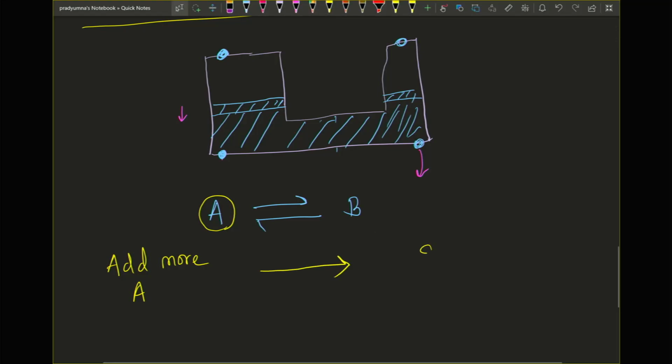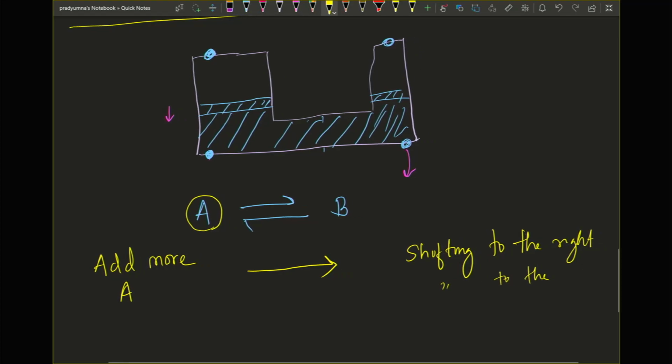It's called shifting to the right, or you can call it shifting to the product. So if I add more A here, it will move the equilibrium to the right side.